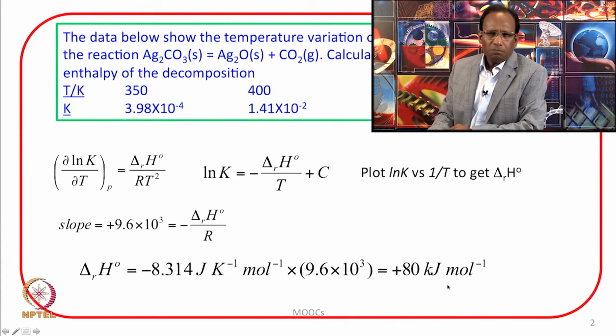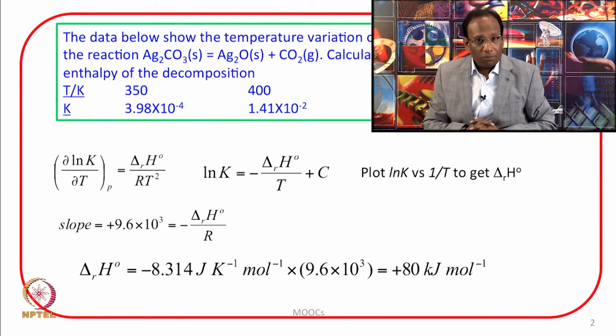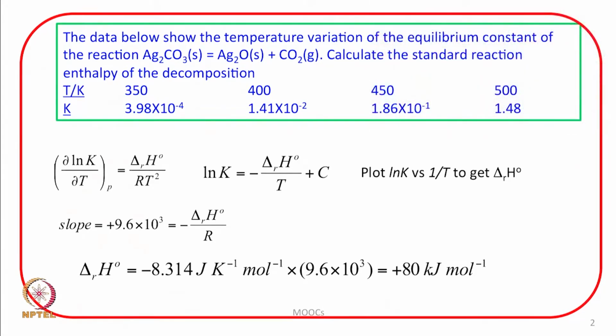Let us comment on this plus. Plus means the reaction is endothermic. If the reaction is endothermic, then according to Le Chatelier principle, if we increase the temperature, the value of equilibrium constant should also increase.